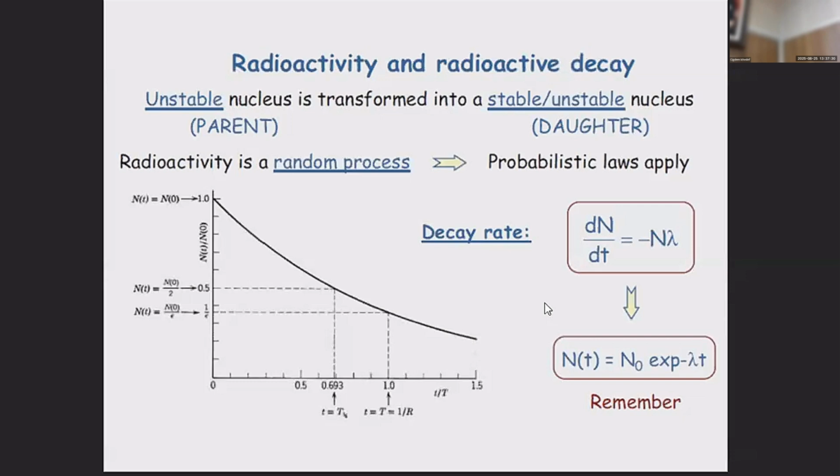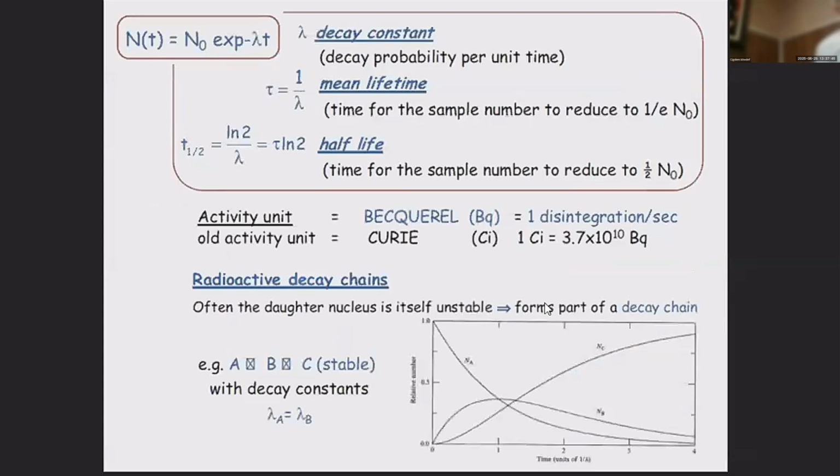The time it takes is the half-life or mean life. These are called mean life or half-life. This lambda in the formula is called the decay constant, changing from nucleus to nucleus. t is the time, and the subscript 0 is the amount at the beginning.